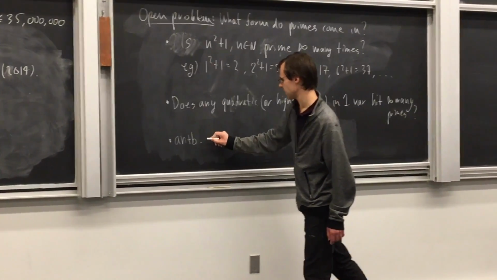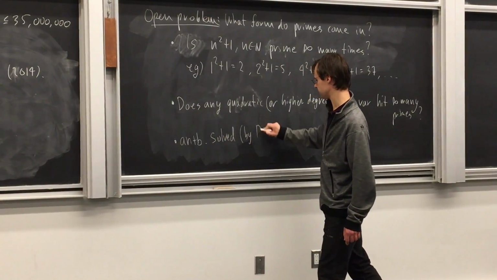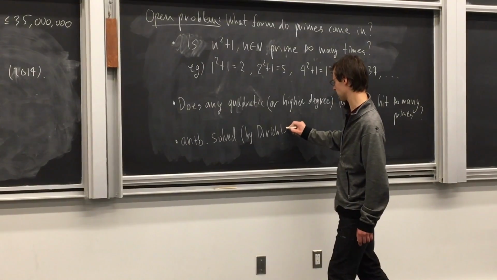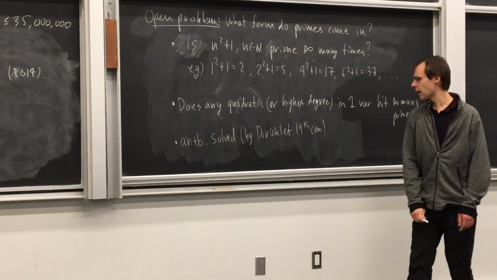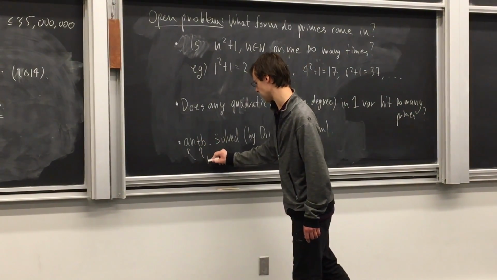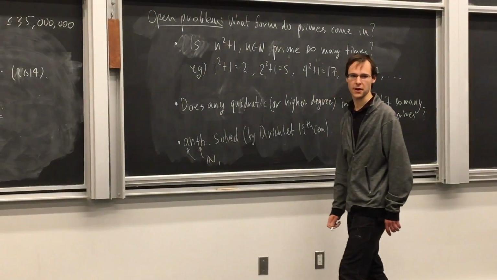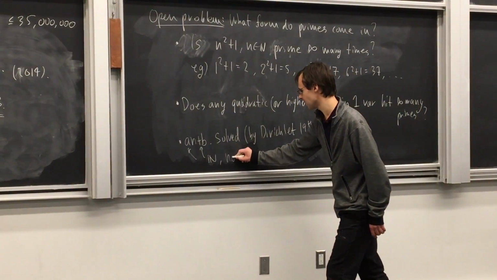This one has been solved by Dirichlet in the 19th century. Of course, a and b here can be any natural numbers, and we do not want them to share a common factor, for obvious reasons.